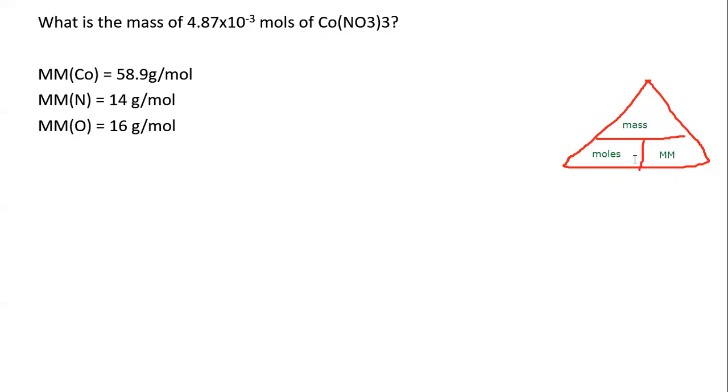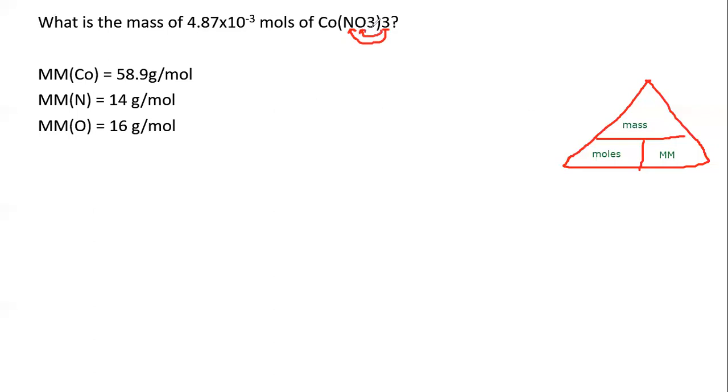If we're given moles and we want to find mass, moles times molar mass equals mass. The first thing we need to do is calculate the molar mass of cobalt-3 nitrate. And pay attention here, because this is a common mistake that a lot of students make. This 3 here is important because the 3 gets distributed to the nitrogen and to the oxygen.